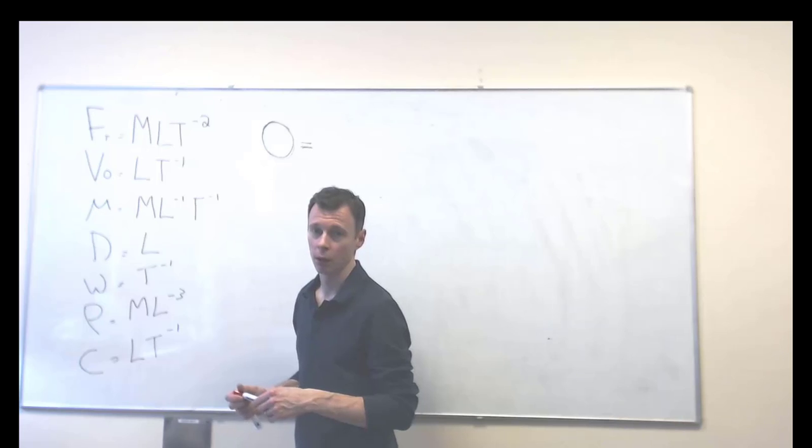The time we've got minus B1 minus 2. Then for length, this is the big one, minus 3A1 plus C1 plus 1.